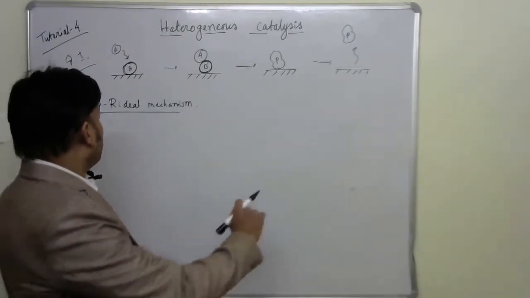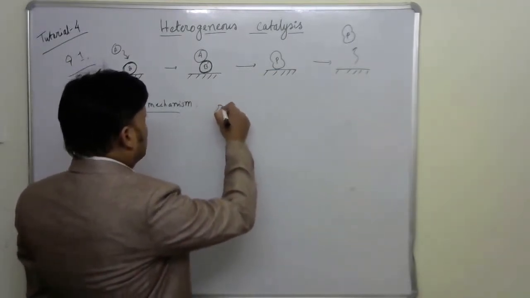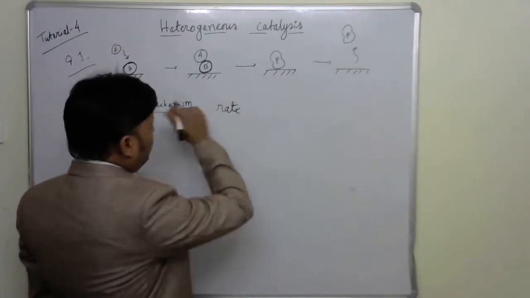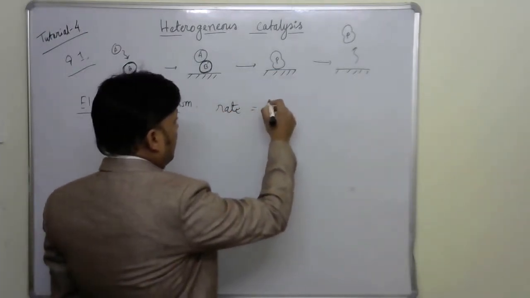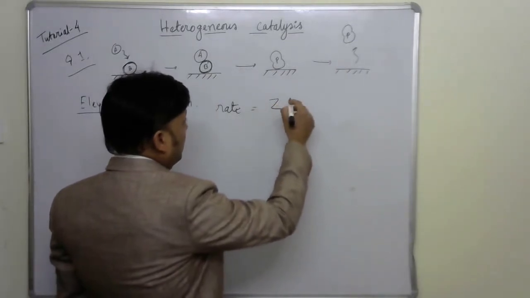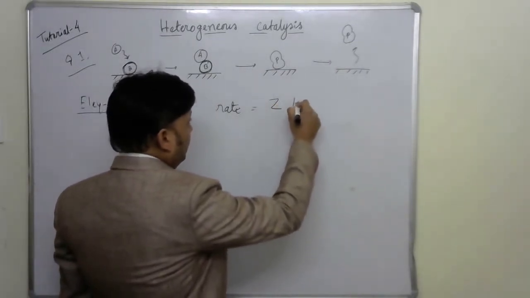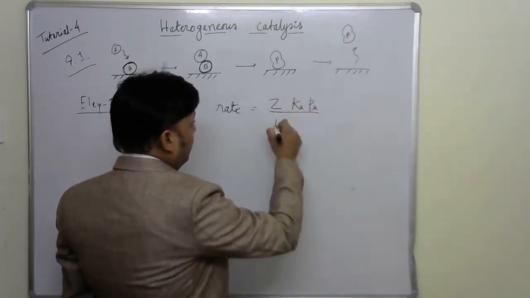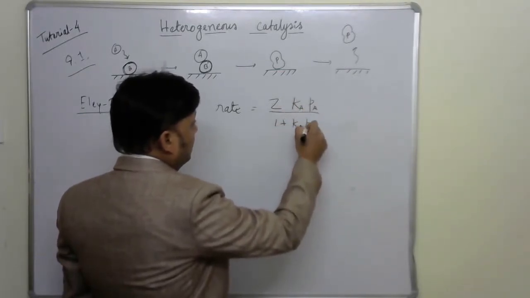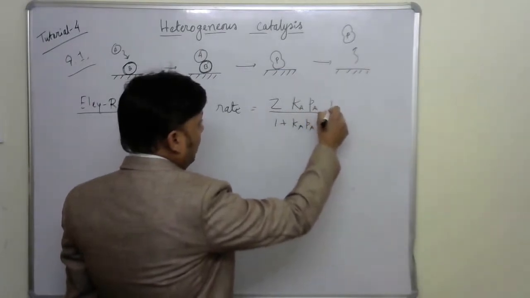So now let's try to write the rate of this kind of Eley-Rideal mechanism. The rate is given as some rate constant Z multiplied by the equilibrium constant Ka Pa divided by 1 plus Ka Pa, and this is multiplied by Pb.